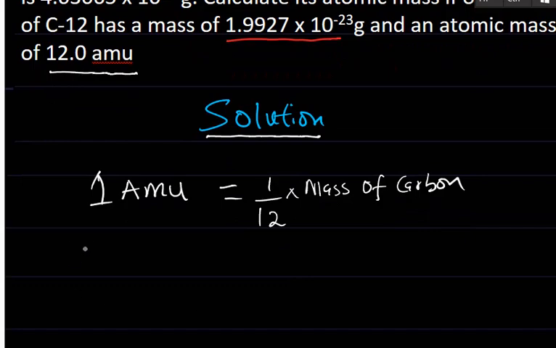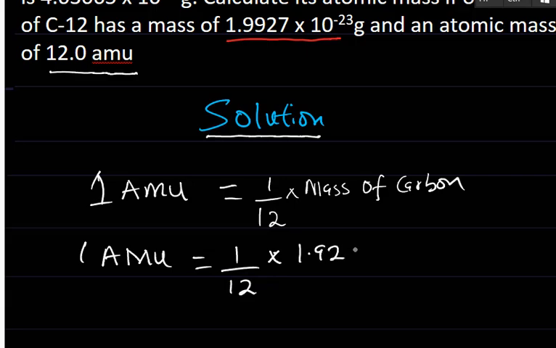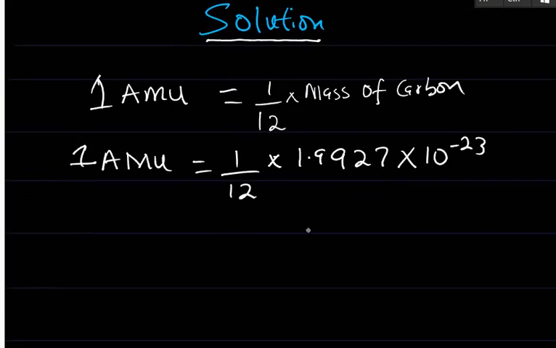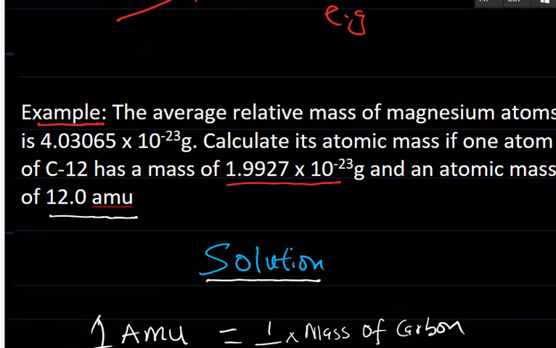So one atomic mass unit is equal to 1/12 of 1.9927 times 10 raised to the power of minus 23. This is the value for one atomic mass unit. We want to know the number of atomic mass units that this mass of magnesium will have.